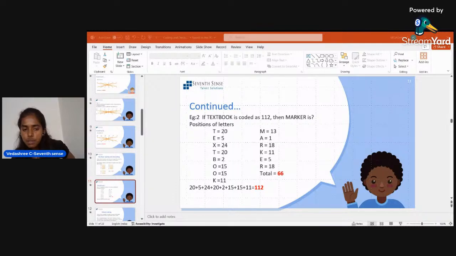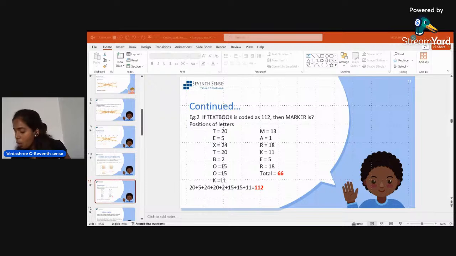So the same procedure will be applied for marker also. So here marker M is assigned with the single number, that is 13. A is assigned with a number, R is assigned with a number. These are the letter positions. If we sum up these positions, we'll get 66. So the same method will be applied for marker also. So what is the position for M, A, R, K, E and R?